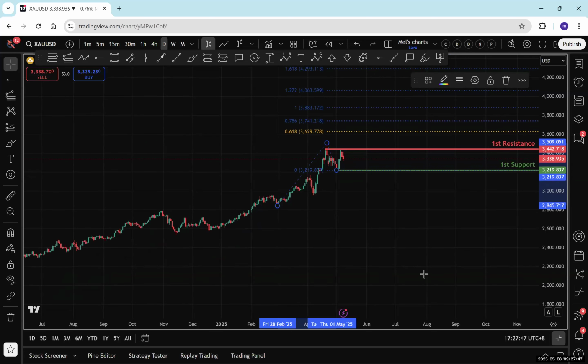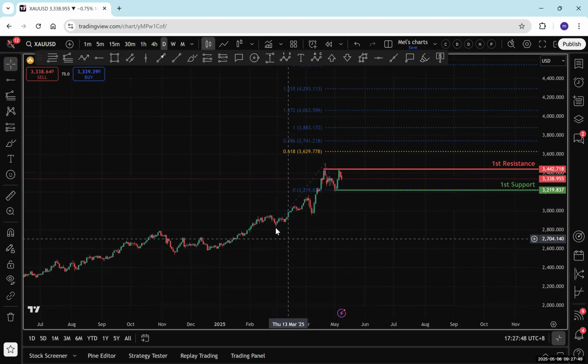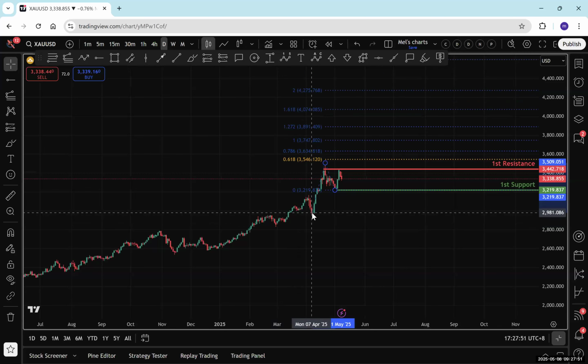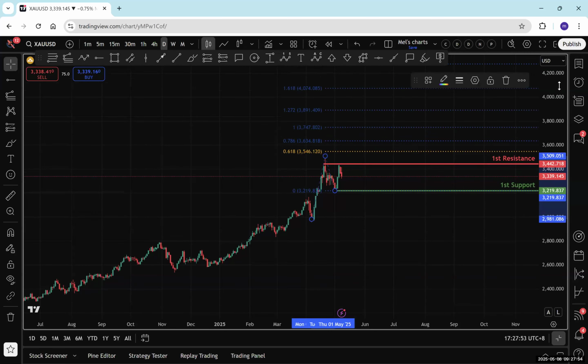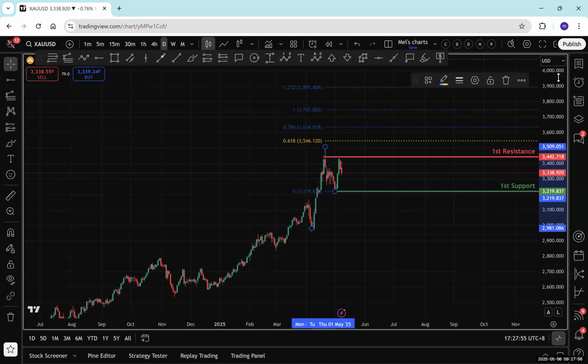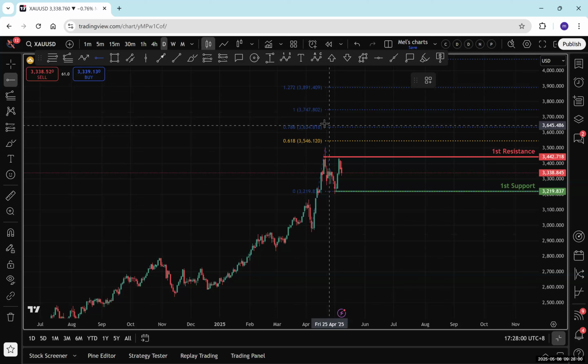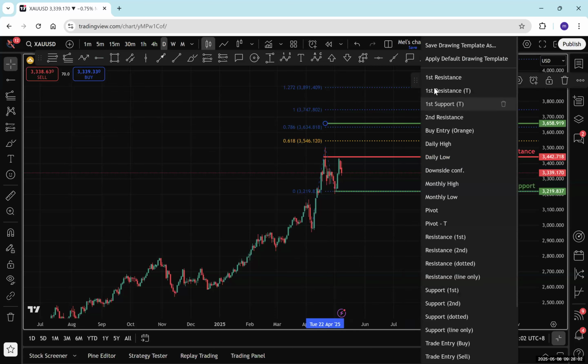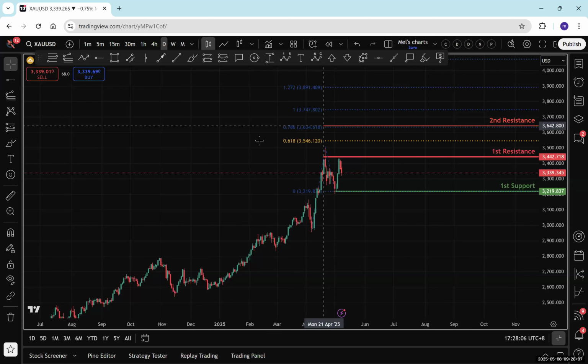I'm going to use our Fibonacci levels for our second resistance, so I'm going to place it at this 78.6% projection.